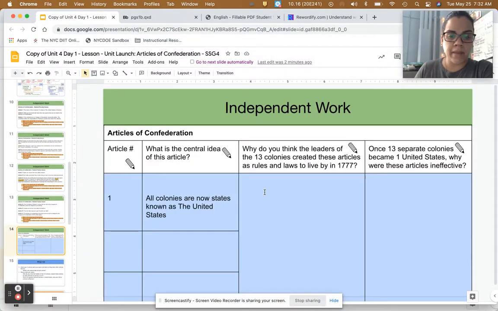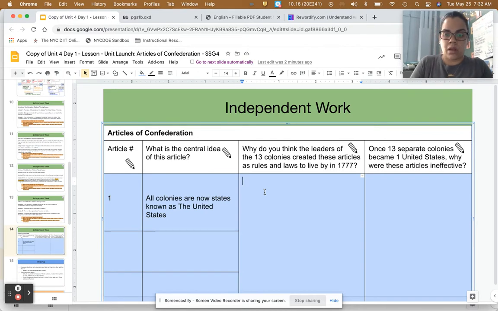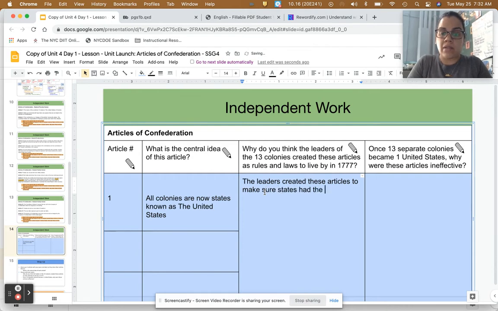So here I might say the leaders created these articles to make sure states had the power they did not have when they were under British rule. They are also worried about King George's warning.